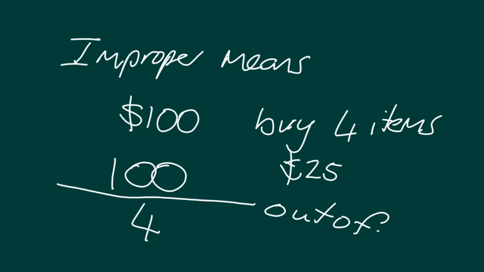Okay, so she's going to split 100 divided by 4. Okay, she's buying 4 items at $25. Sort of like division. Fractions are division, yep, they are division. When you've got a normal fraction, you're going to get a number less than 1, still division. When you've got an improper fraction, you can get a number bigger than 1, which is still division.